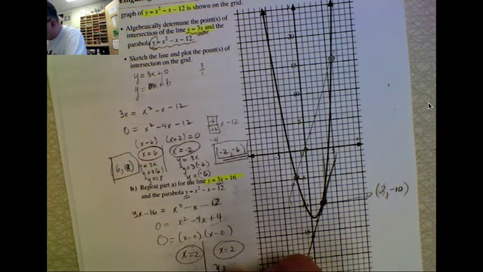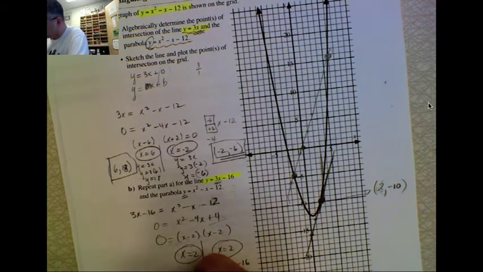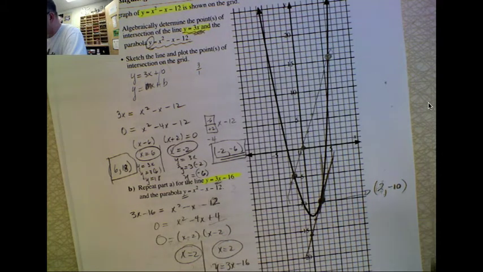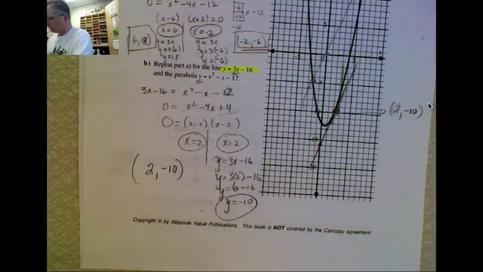And now if I take y equals 3x minus 16, if I plug 2 in for x, well, this gives me 6 minus 16, and 6 minus 16 does give me negative 10. So my point of intersection is indeed 2 and negative 10. See, if we do it right, we actually get the same answer as we did when we graphed it.